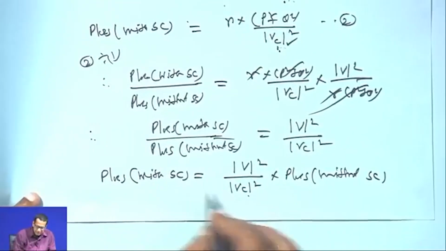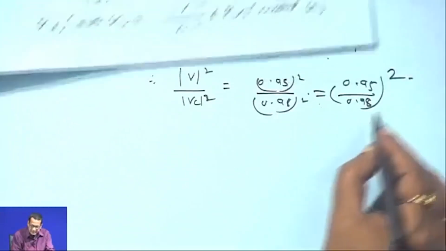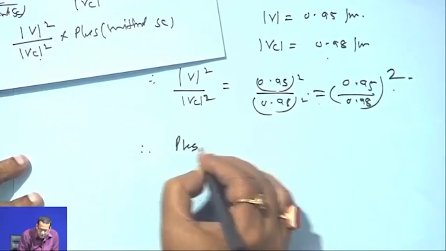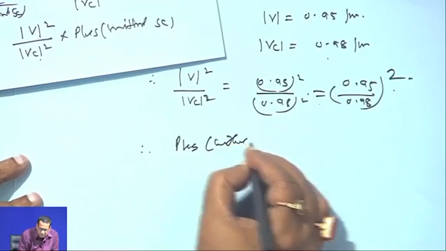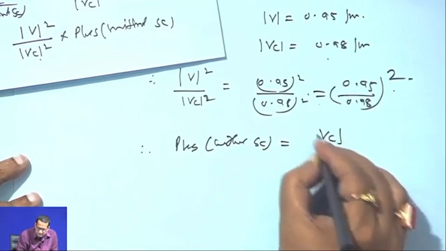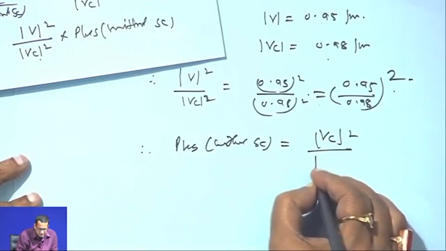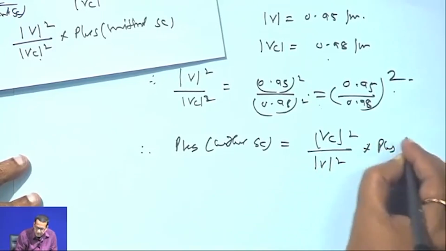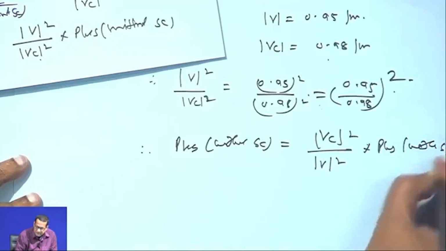Now, this equation can be written as P loss with series capacitor is equal to Vc square upon V square, right, into P loss without series capacitor.